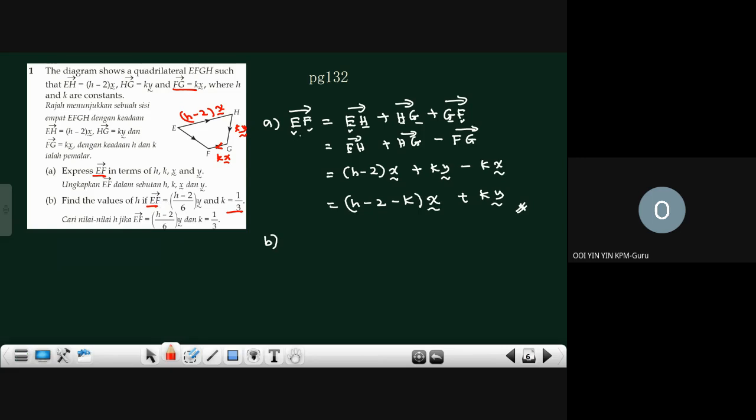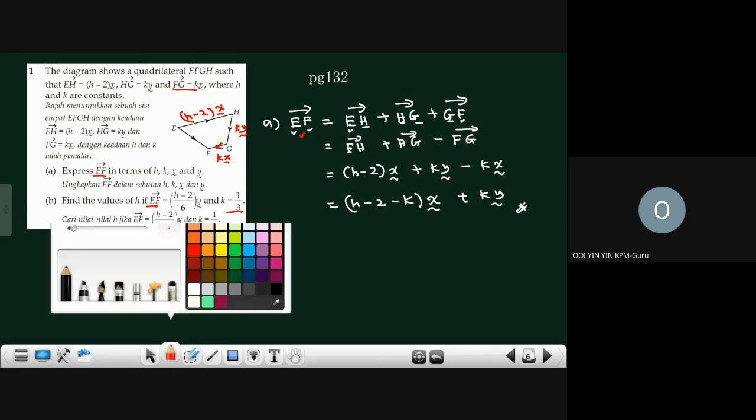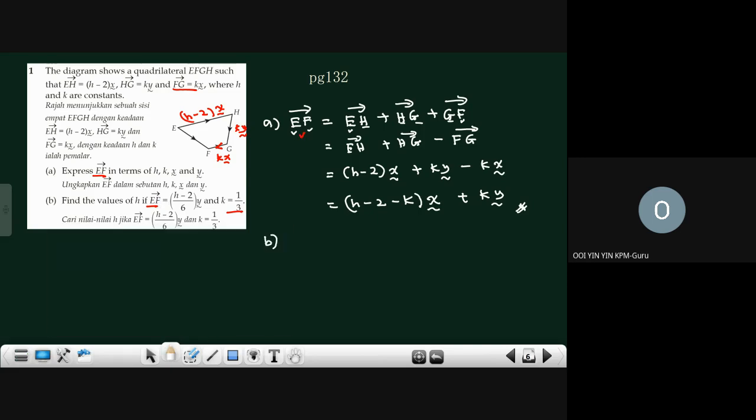EF is this, you remember? So we write like this. Your EF now we can write as H minus 2 over 6. Then we equal it to this whole thing that you got just now, your H minus 2 minus K. Now they give you the new figure, 1 over 3. You put in 1 over 3.